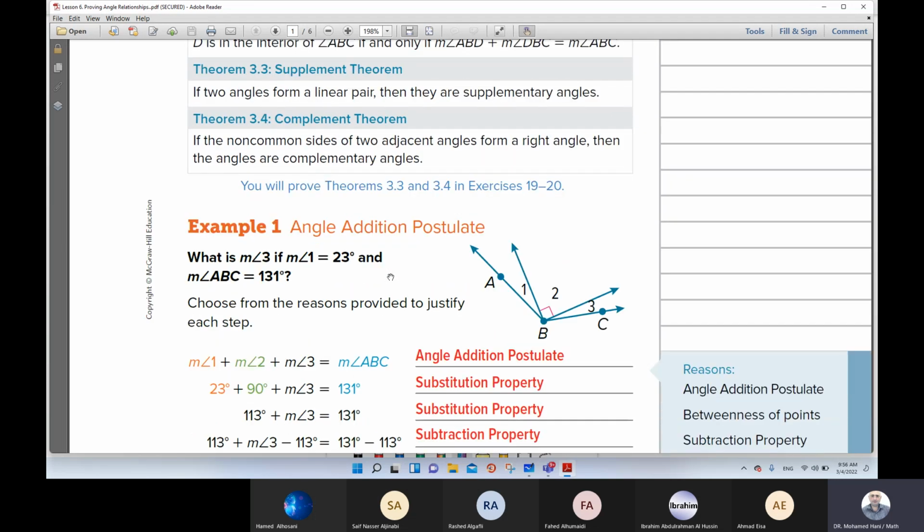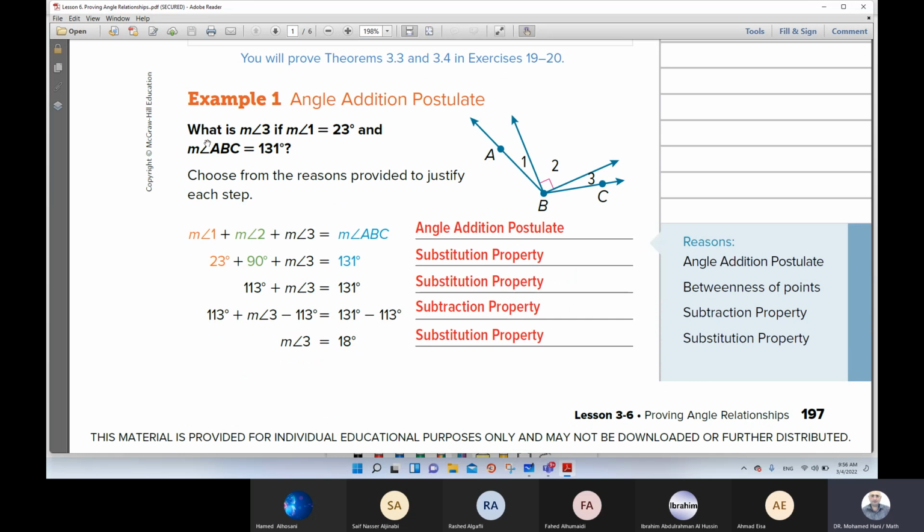For example, what is measure of angle 3? If measure of angle 1 equals 23, and we know here we have right angle, 90 degrees, and we know the measure of the whole angle ABC is 131. So we can start: the whole angle ABC equals angle 1 plus angle 2 plus angle 3.